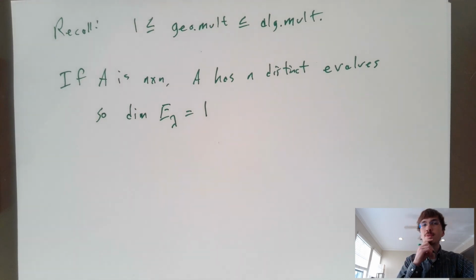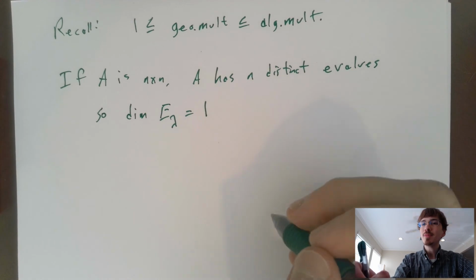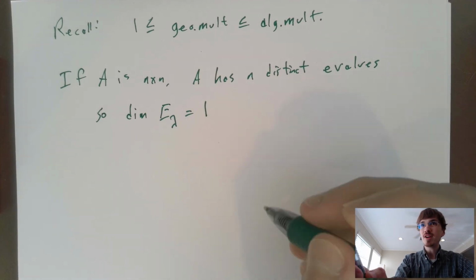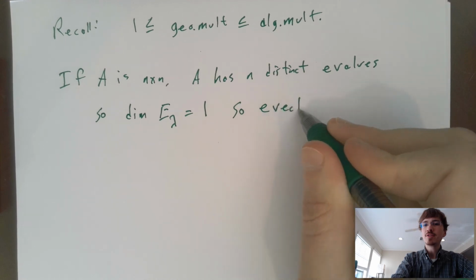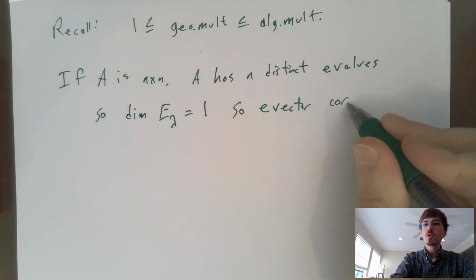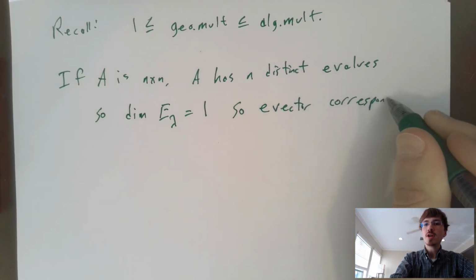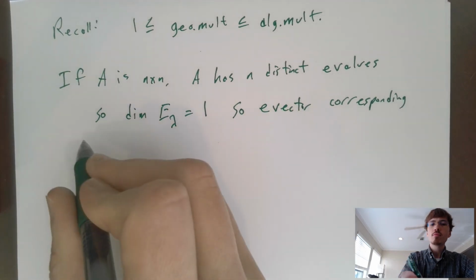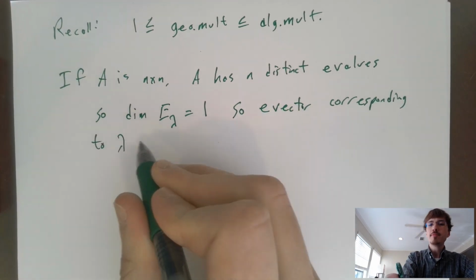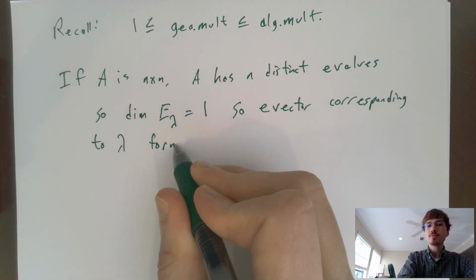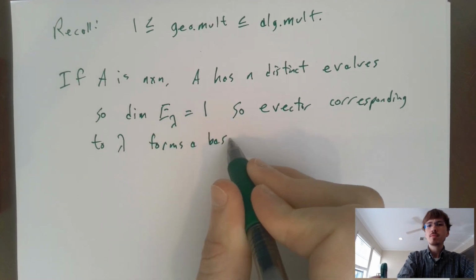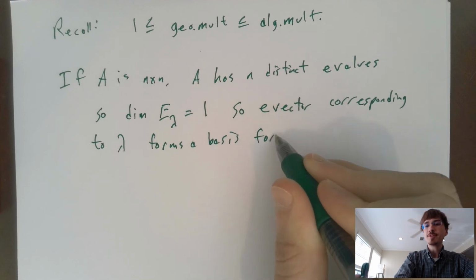Well, if we have that the dimension is 1, what does that mean about the eigenvector? So that means that the eigenvector corresponding to lambda forms a basis for its eigenspace.